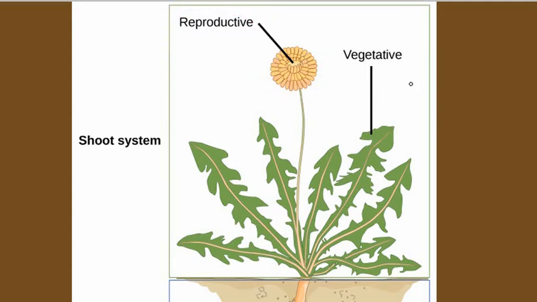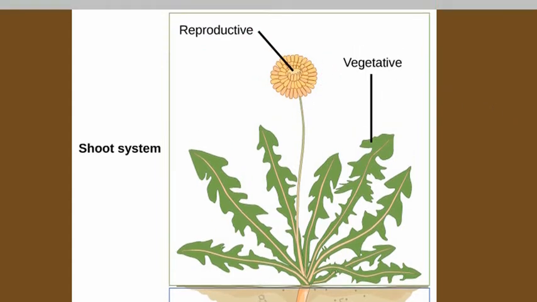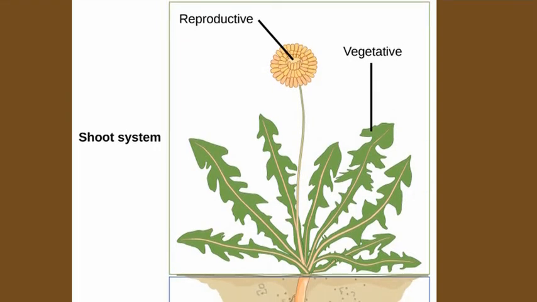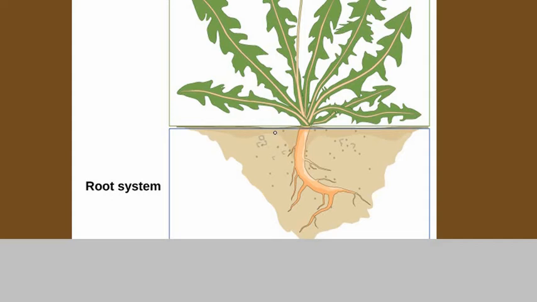The shoot system generally grows above ground, where it absorbs the light needed for photosynthesis. The root system, which supports the plants and absorbs water and minerals, is usually underground. Simple as that, class. Next.